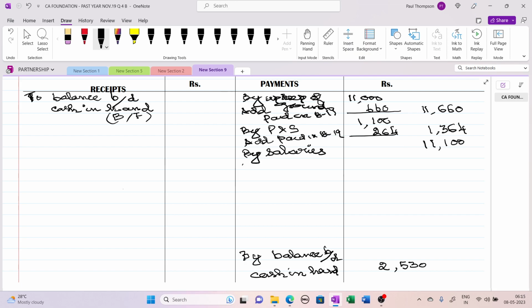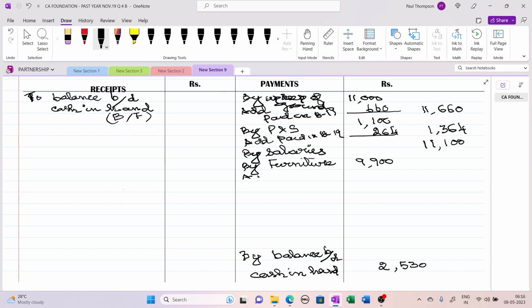Next item comes the furniture. Here in your income and expenditure account, there is a depreciation for furniture. And in the balance sheet, the furniture is shown at the amount of 9,900. This is the book value after depreciation. But the amount paid would have been along with depreciation.